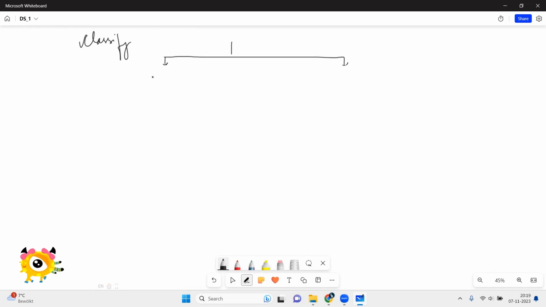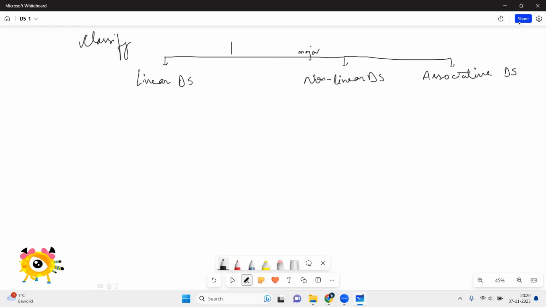First is linear data structures, and another one is non-linear data structures. This is the major distribution. Whichever book you turn to, whichever sites you go to, you will find these two types. But there is also a third type, which is very important in the current modern world, which is associative data structures.